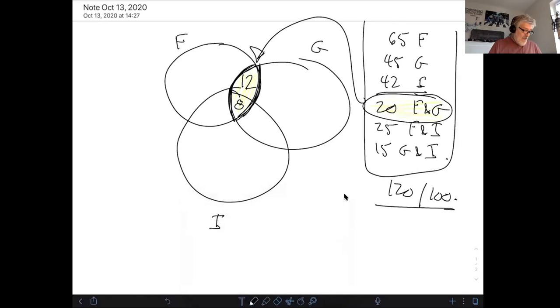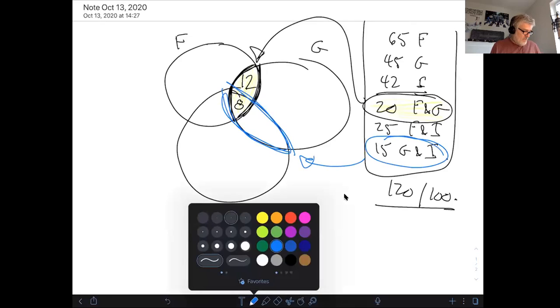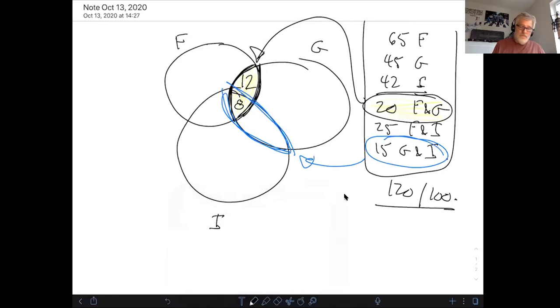Okay. Next, let's change our color here. Let's take a look at this part here. This is Italian and German, right? So I've got 15 students studying Italian and German. I've got 8 in here, so that leaves 7 here, right?